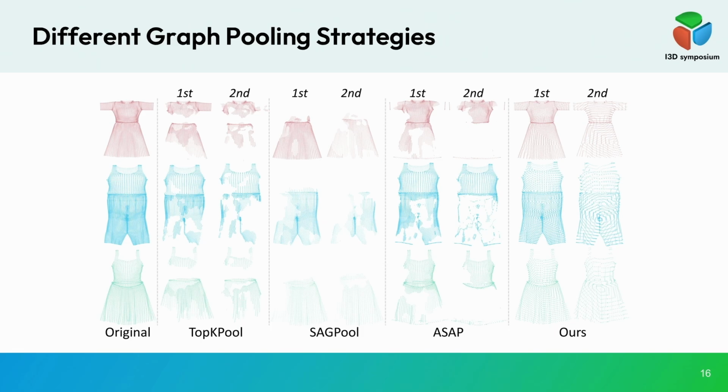In contrast, our method, based on a simple principle, managed to simplify the mesh while keeping the overall structure intact. This ensures that the key features of the garment mesh are maintained throughout the deformation process.